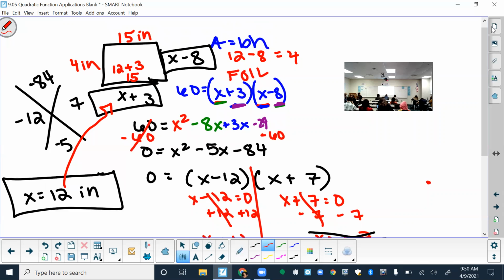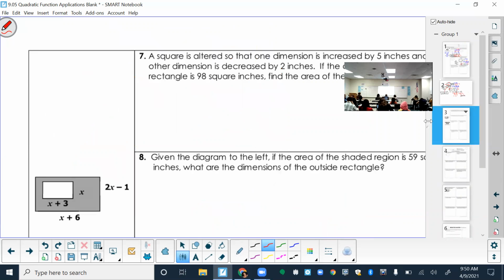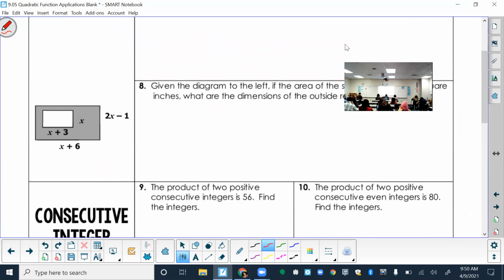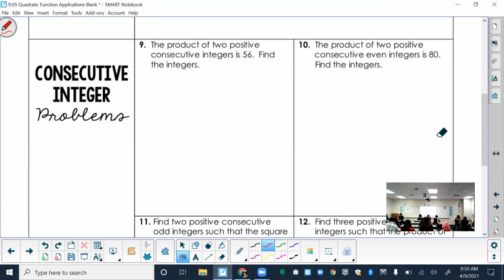All right, we'll break this up and come back to the area problems and do those trickier ones. Looking back at the note sheet, we're going to look at this side for the consecutive integer problems, because in my last class, we saved it till the end, and I just feel like it confused them more than anything.